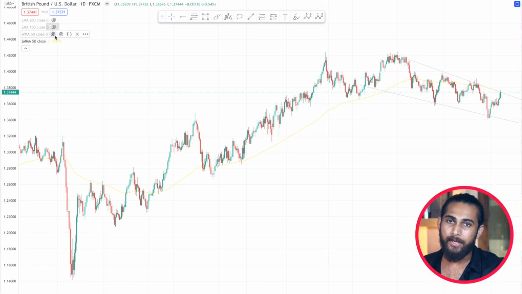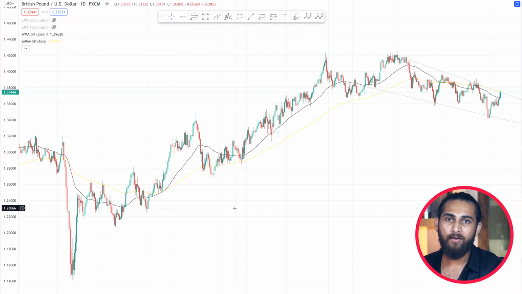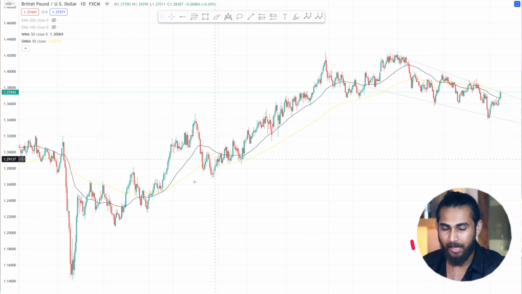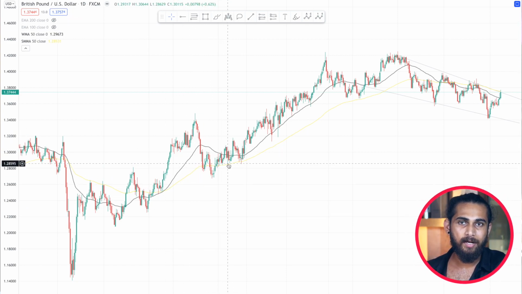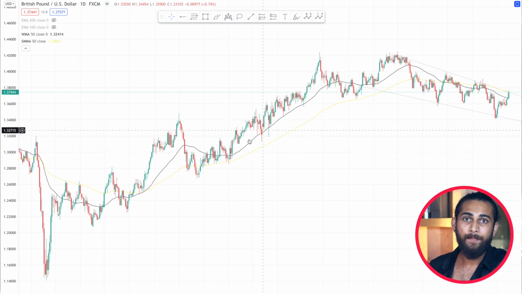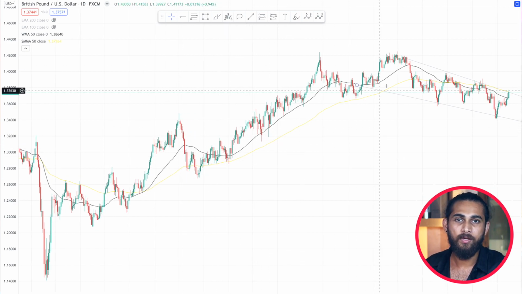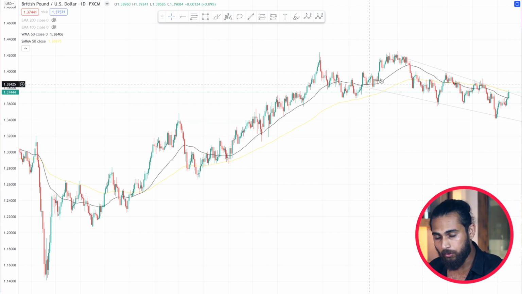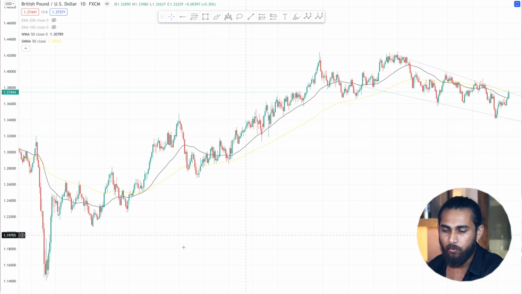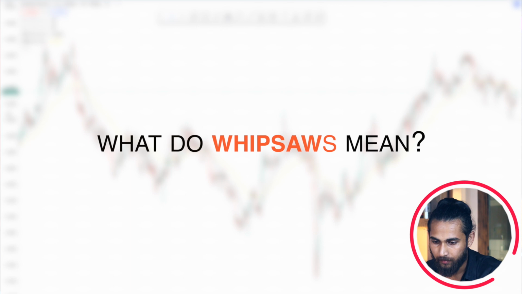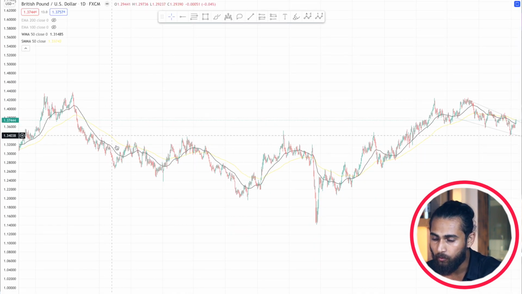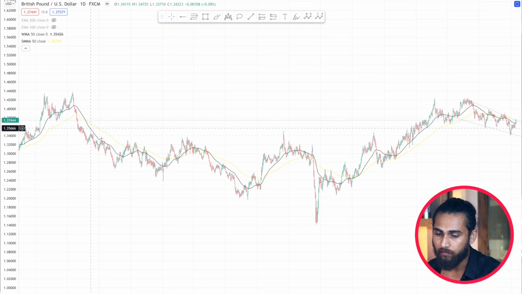If you actually compare the two, you will see that the WMA will have more whipsaws than the SMMA. Just look at the chart and see how smooth the SMMA is and also how wavy the WMA is. You might ask, what do whipsaws mean? Just look at how the WMA moves swiftly even at the smallest of price movements, and look at the SMMA.